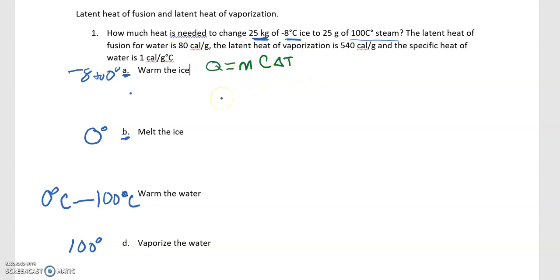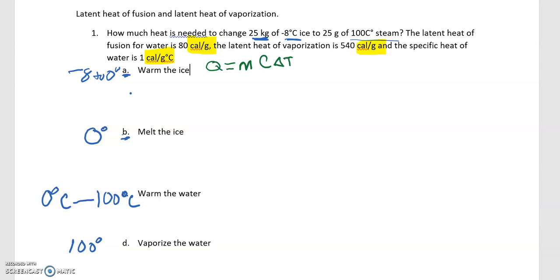Now, before you just start throwing numbers into this, you always have to make sure you pay attention to the units that you're given. Now, in this particular example, our heat of fusion, heat of vaporization, and specific heat of the water are all given in calories per gram. Okay, we have grams in there.